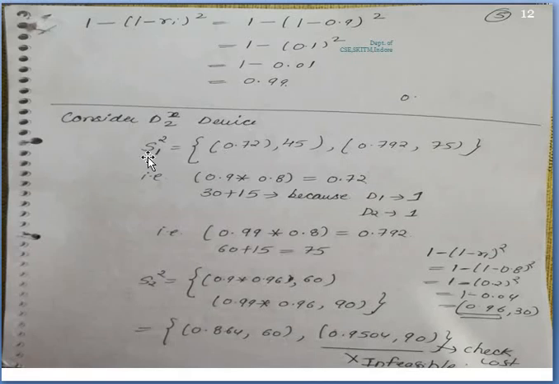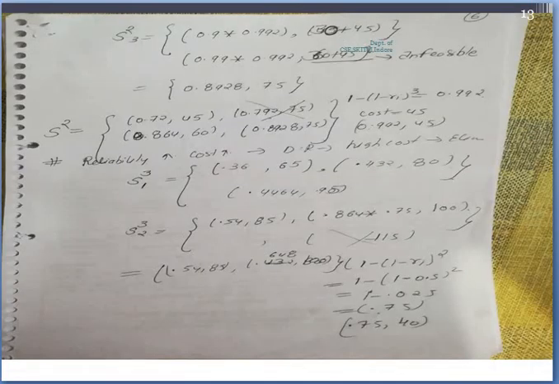Similarly for device 2, we form the set S2. First, 1 unit is considered, and we form the reliability, cost pair. Then the pair for 2 units of device 2 is formed, and we calculate the reliability value in the same way.